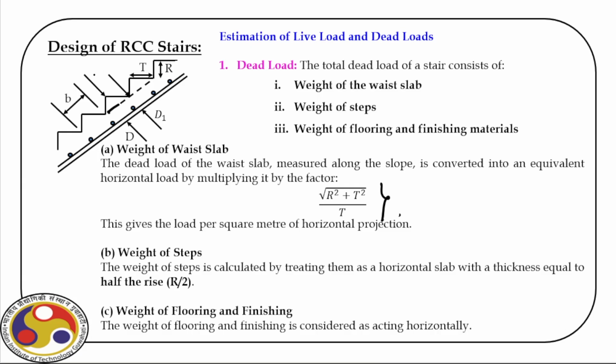Then we must consider the weight of each step, that we can easily calculate from the geometry. So we know R and T, so we can calculate the volume, and we know the density of concrete, so we can calculate the weight of this step. Then for flooring, additional weights we need to consider as a UDL, and together they will contribute to the total dead load acting on the stair.